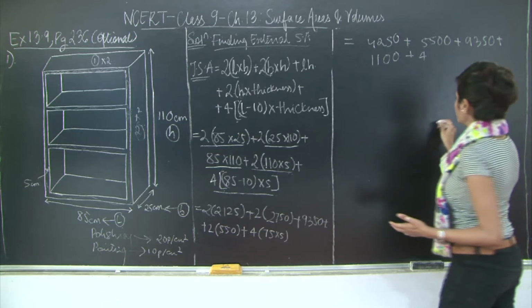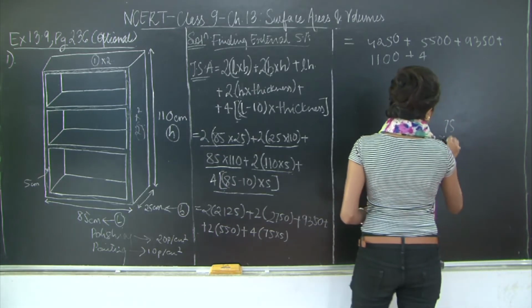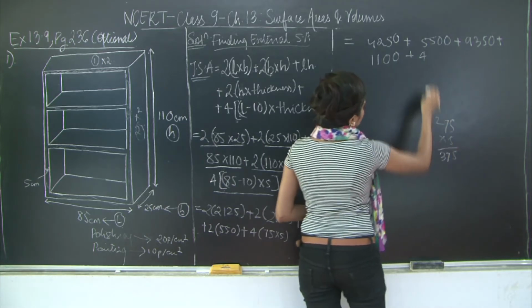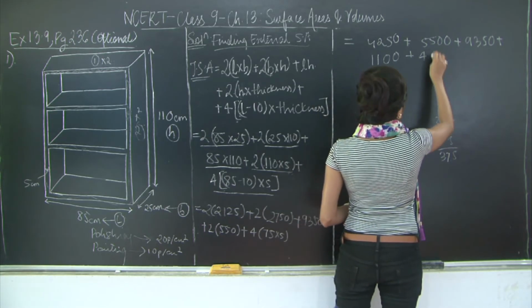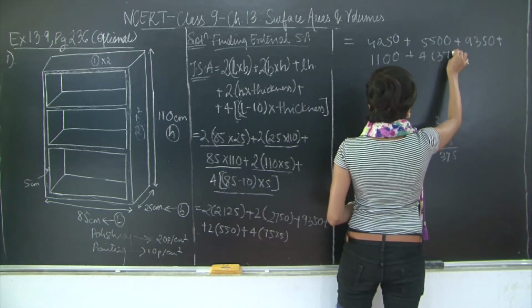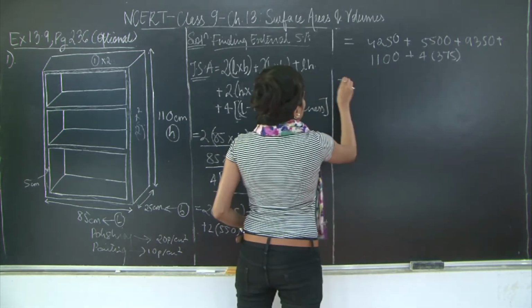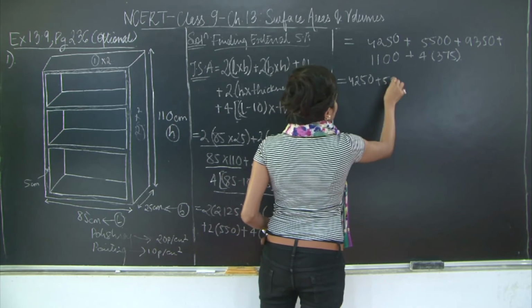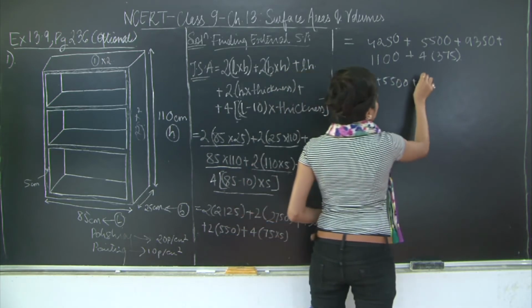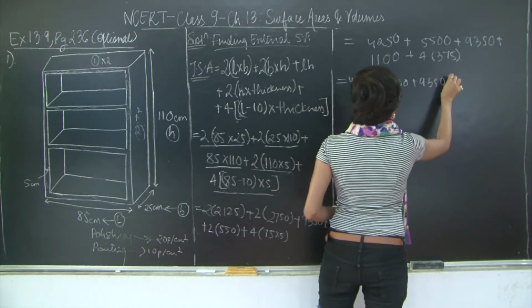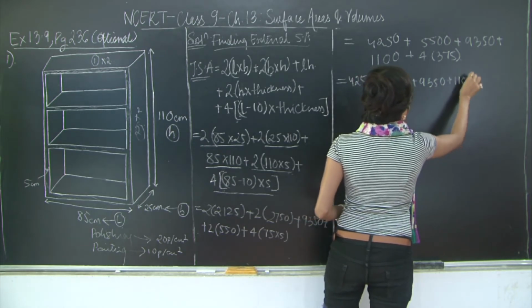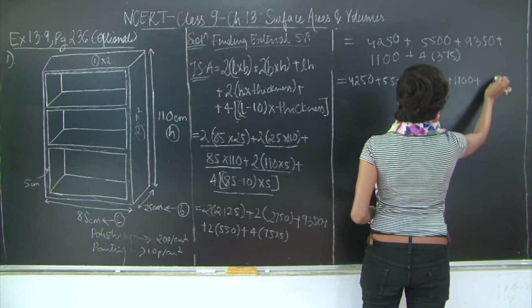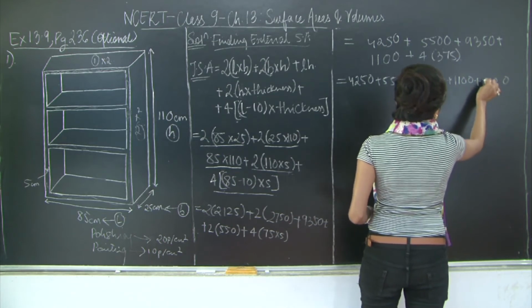So 75 into 5, 375. So this is 4250 plus 5500 plus 9350 plus 1100 plus 4 5s are 20, 4 7s are 28, 29, 30, 4 3s are 12, 13, 14, 15.